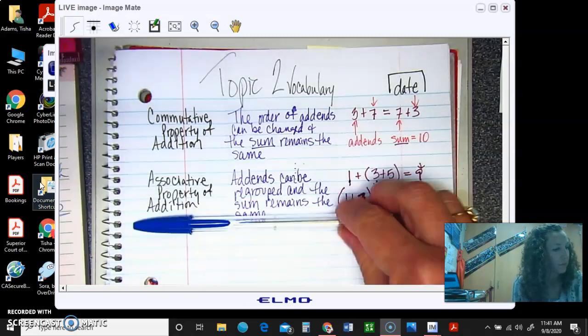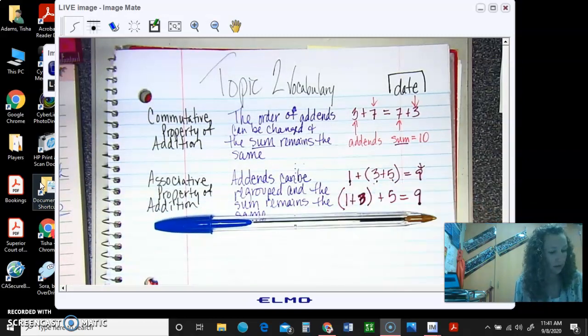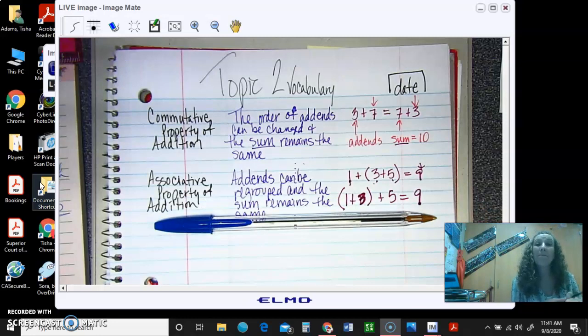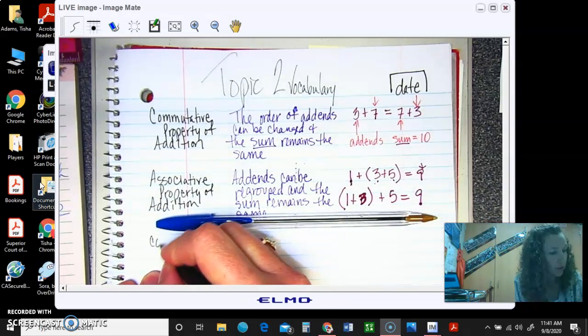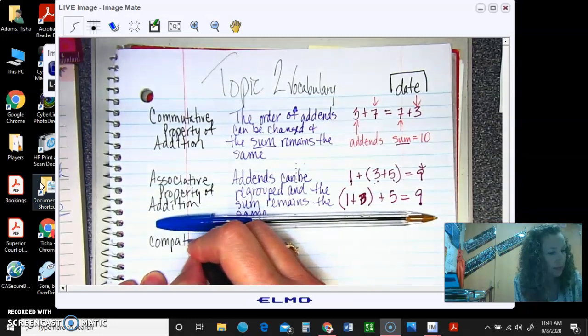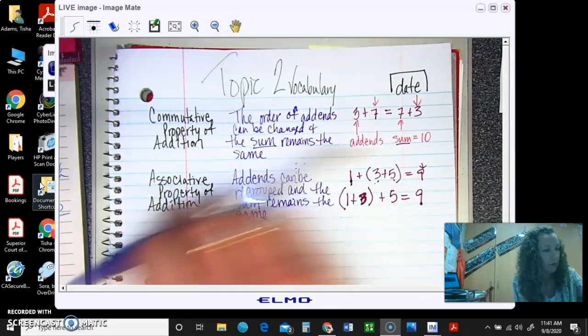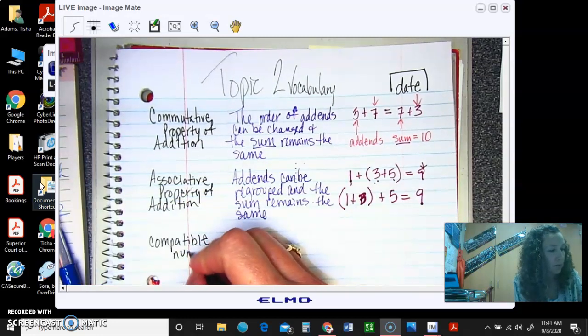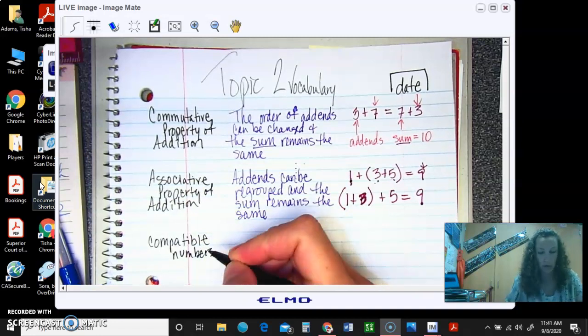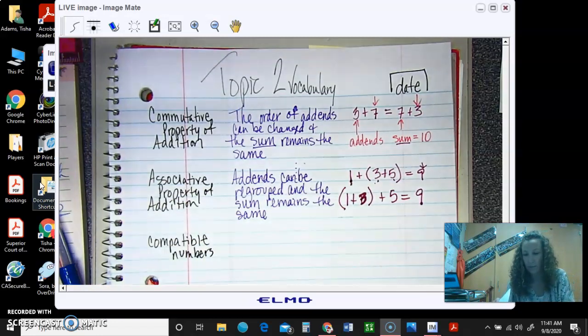Okay? Next one is compatible numbers. Compatible numbers. So, compatible numbers are numbers that are easy to compute mentally, to do the math mentally.